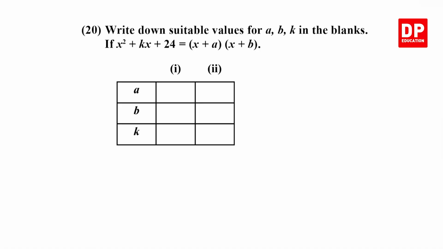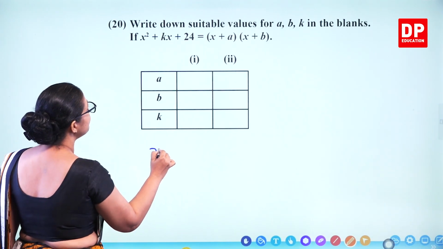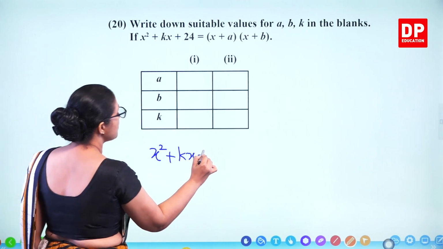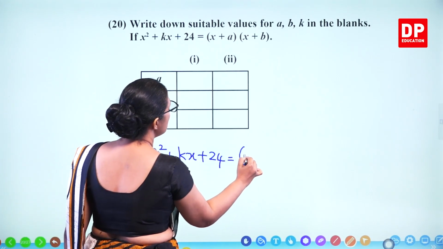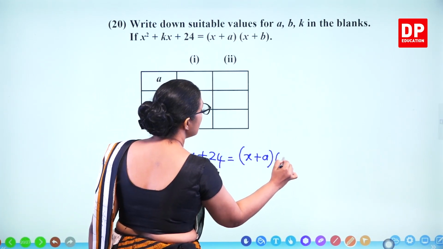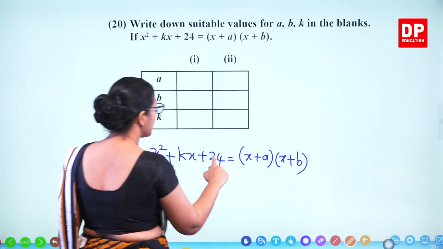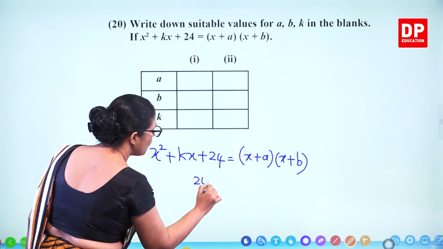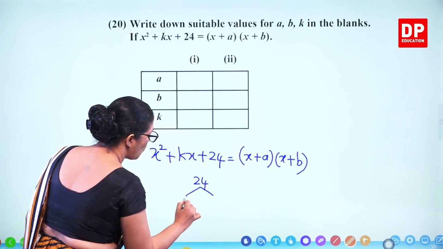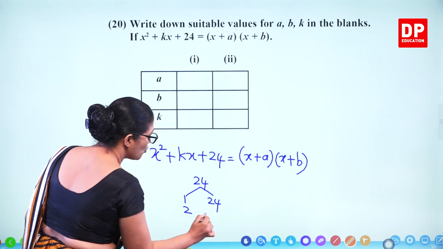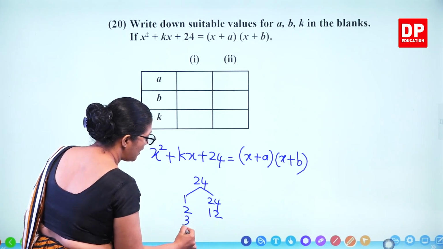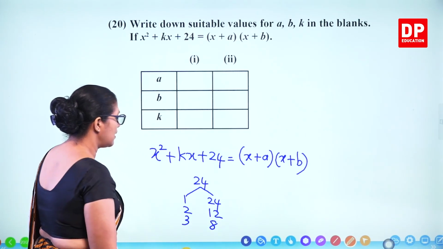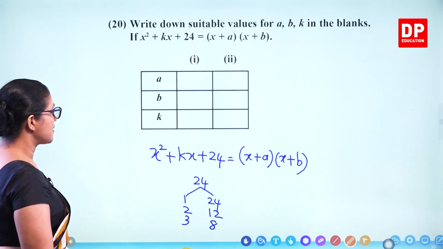Question number 20. Write down suitable values for a, b, k in the blanks. If x squared plus kx plus 24 equals x plus a times x plus b. So basically you need to find all factors of 24. What are the factors? You can write 1 with 24, 2 with 12, 3 with 8, 4 with 6.